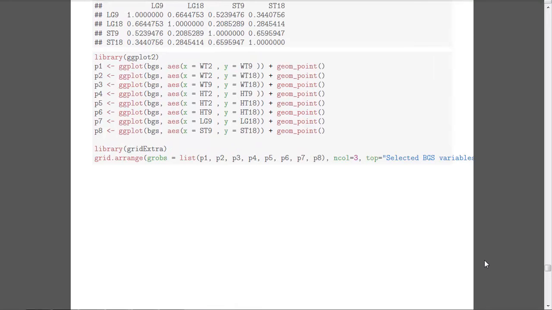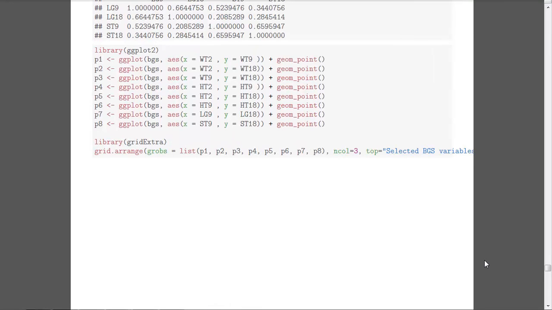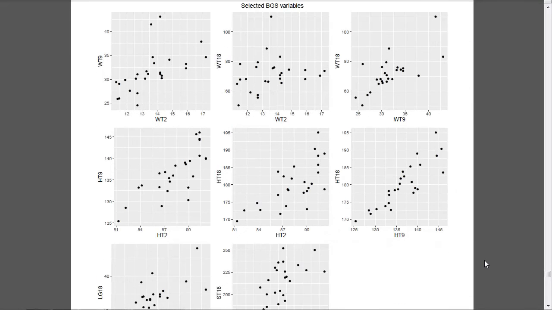And if we look at certain pairs of variables, so the weights at 2 and 9, 2 and 18, and 9 and 18, these are all the weight variables up at the top. Those are those positive relationships. The next three are the height at the 3 time points, and especially at 9 and 18 we see a strong correlation here.